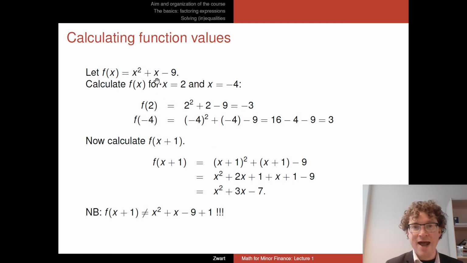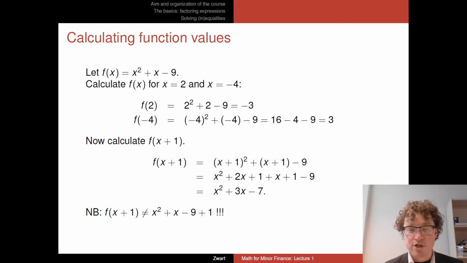I have to add the input to that, so plus x plus 1, and then subtract 9. Now I need to work this out. The first bit gives us x squared plus 2x plus 1. I add x plus 1, then subtract 9, and if you simplify that expression, you find x squared plus 3x minus 7.